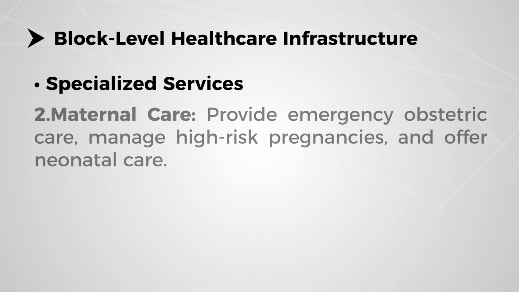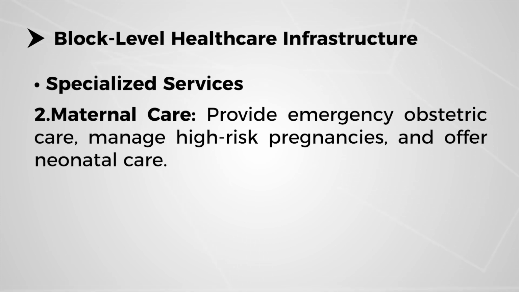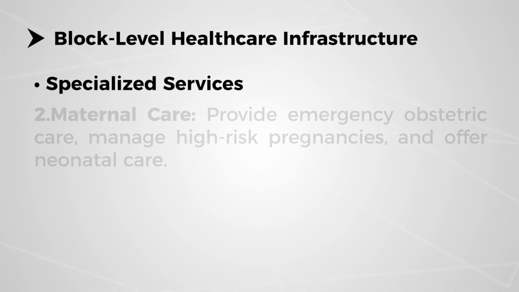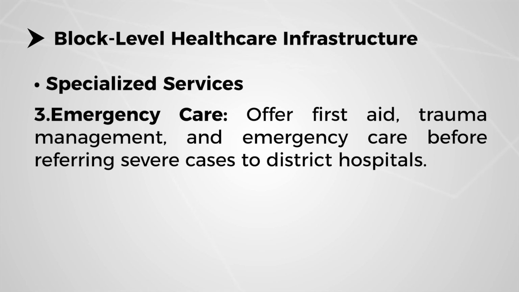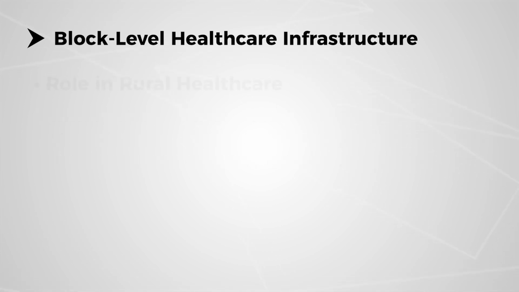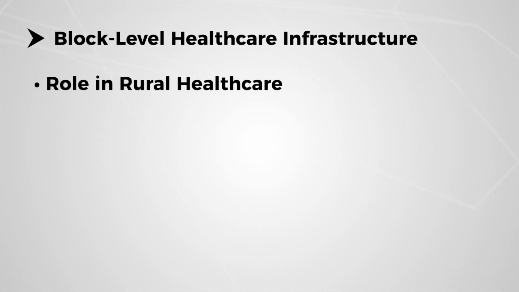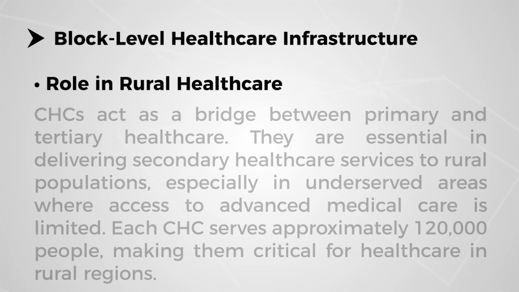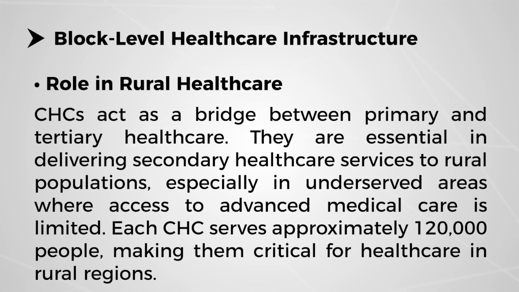Then maternal care: they provide emergency obstetric care, manage high-risk pregnancies and offer neonatal care. And sometimes emergency cases, for example, offering first aid, trauma management and also emergency care before referring several cases to district hospitals. The community health centers act as a bridge between primary health centers and tertiary health care systems.